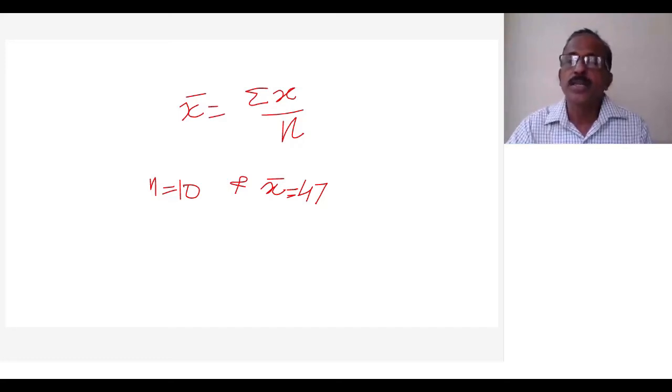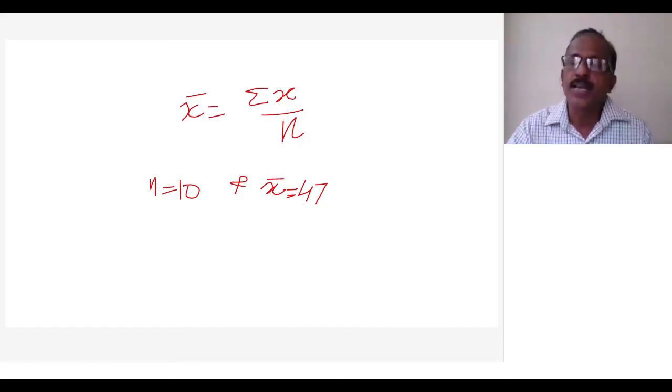But in the calculation of the mean, an error creeps in. The arithmetic mean x bar is equal to sigma x divided by n, that means the sum total of the observations divided by n. But in the sum total of the observations, an error happens: the number 43 was wrongly entered as 34.